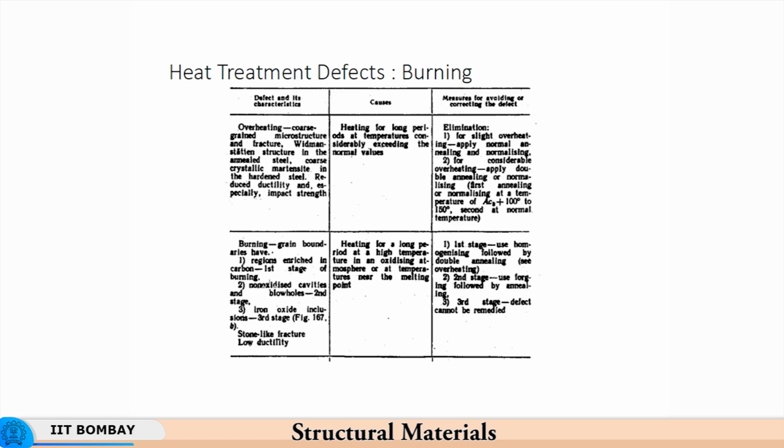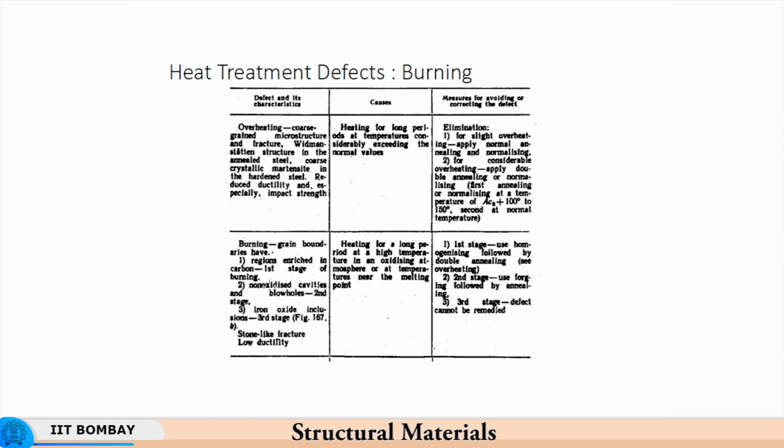And the third stage is where iron oxide is formed, where the material has got really oxidized. Nothing can be done, it has to be remelted. So basically you have to take it for remelting, and no heat treatment can be used as a remedy for it.